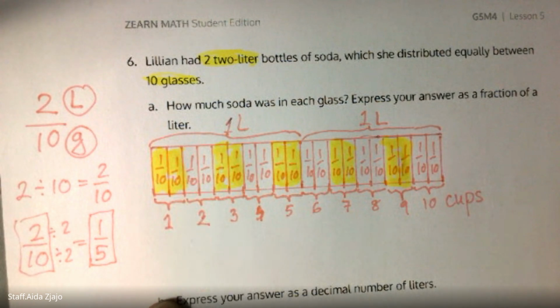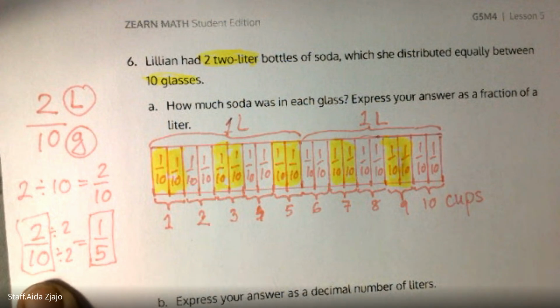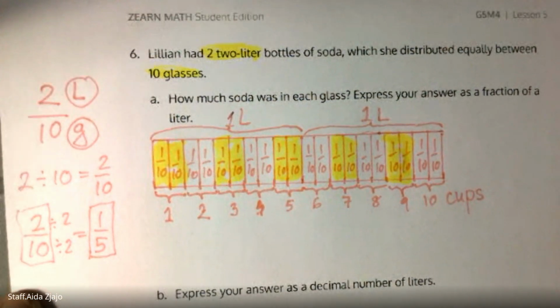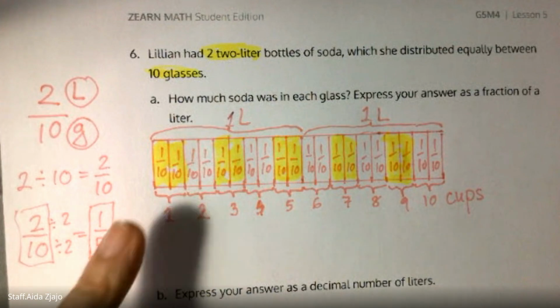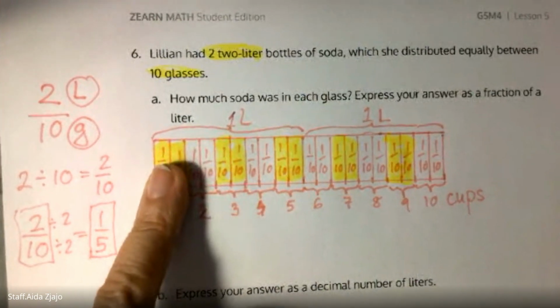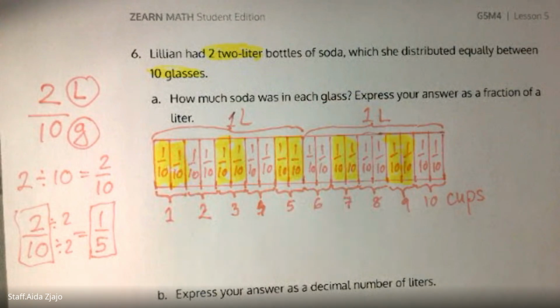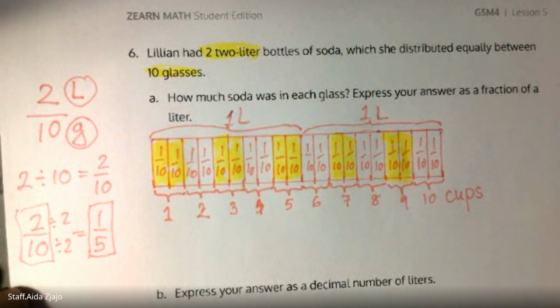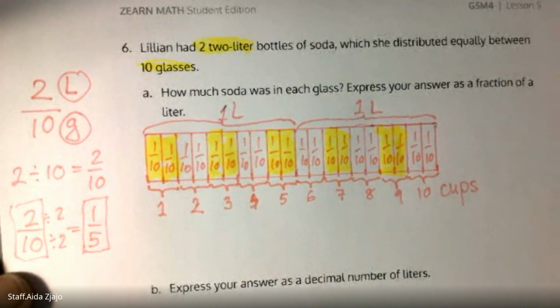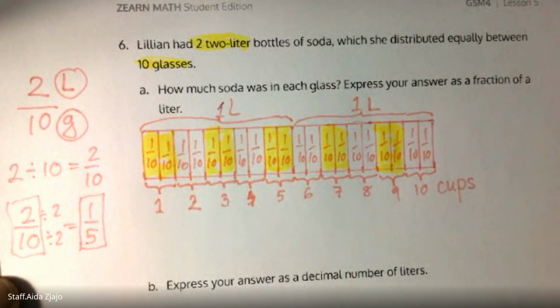But also, if you look, we can also say, oh, 2/10 represents 1/5 of the liter. So it's also 1/5 of the liter in each glass.